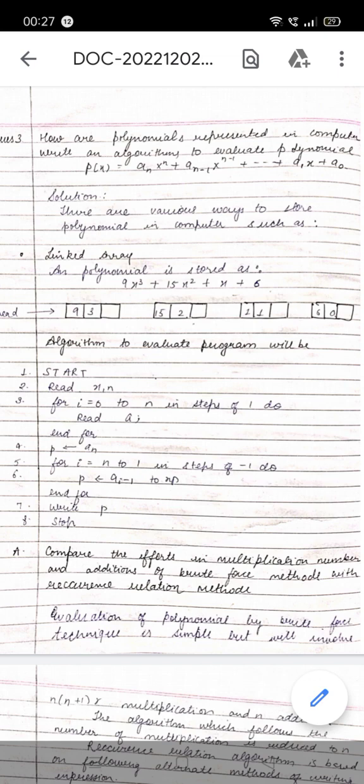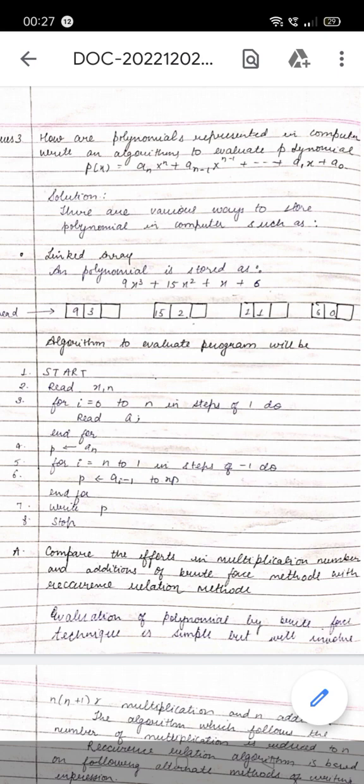Similarly, 15x square is stored as 15, which is the coefficient of x square, and 2, which is the power of x square. Since the term 6 is a constant, the exponent of x is 0 here, so 0 is stored with it.